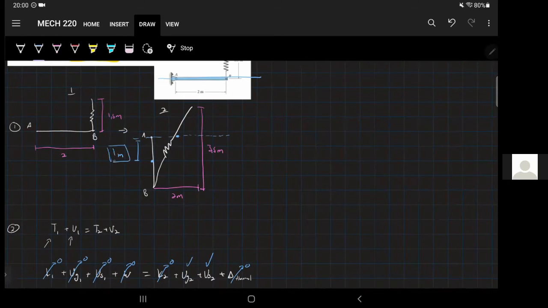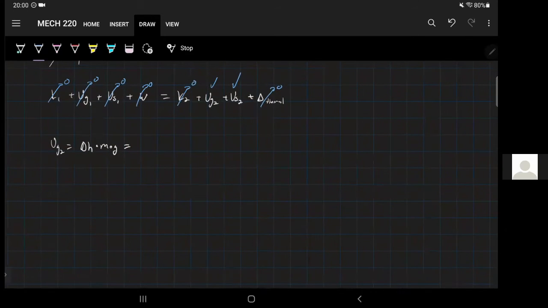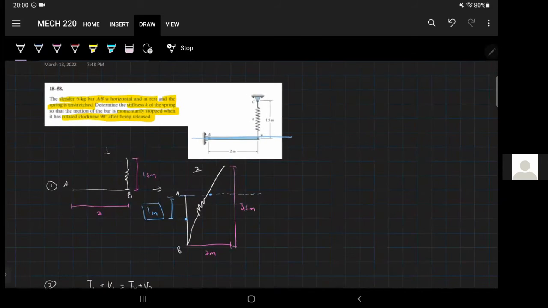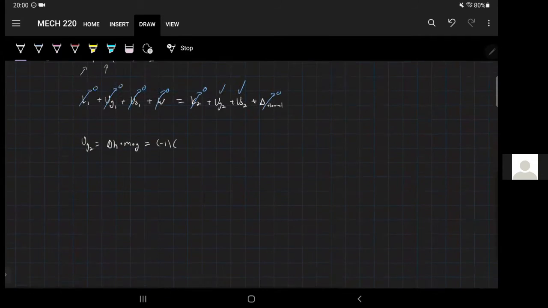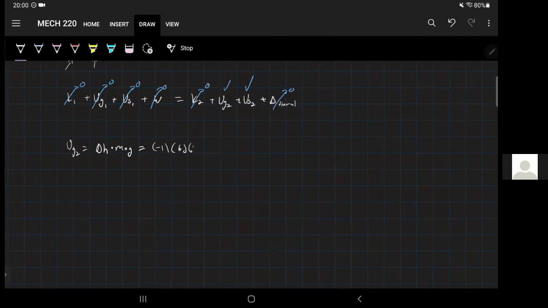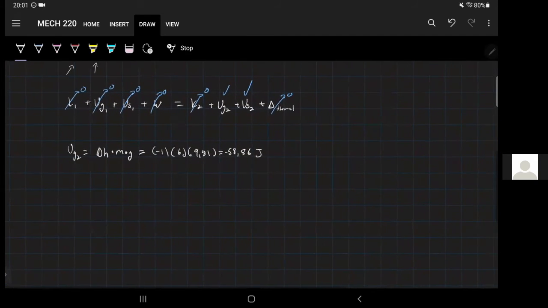So my change of height is going to be -1. All right, so I have -1 times the mass, which is given to be 6 kilograms. So 6 times 9.81, which is going to be equal to negative 58.86 joules, because this is energy, right?